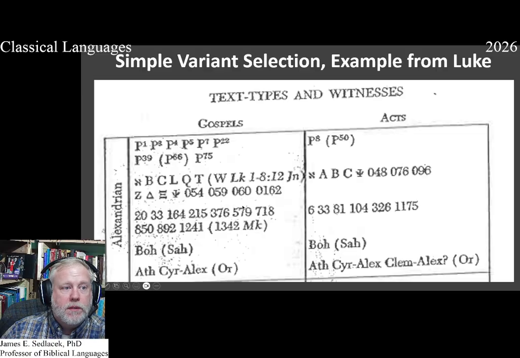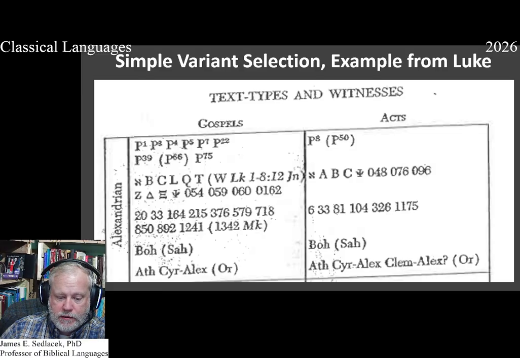So Luke is included in here. And specifically, some manuscripts are split. In other words, it depends on what the exemplars were they were copying. They might have grabbed an Alexandrian exemplar first and then grabbed a Byzantine to finish out. So some verse ranges might be from a different text family. It's possible. So pay attention to that if you have verse ranges.